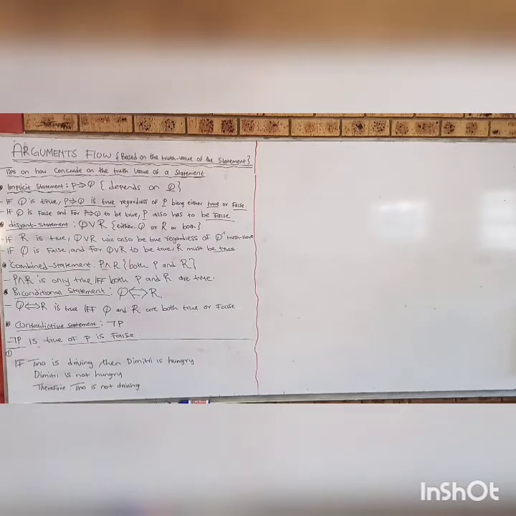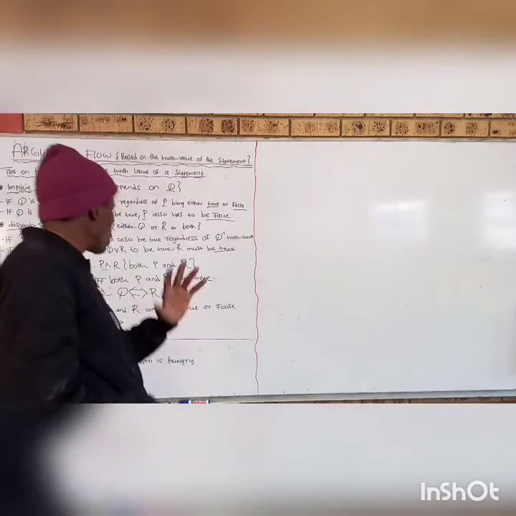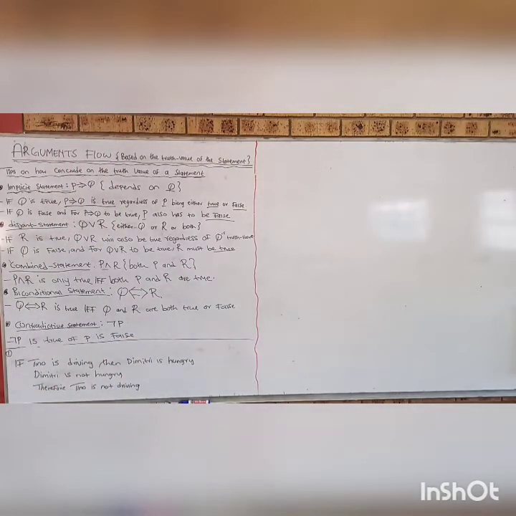The biconditional is defined by Q if and only if R. Q biconditional R is true if and only if, as we do it biconditionally, Q and R are both true or both false. The last one is the contradictive statement, not P. Not P will only be true if P was false.